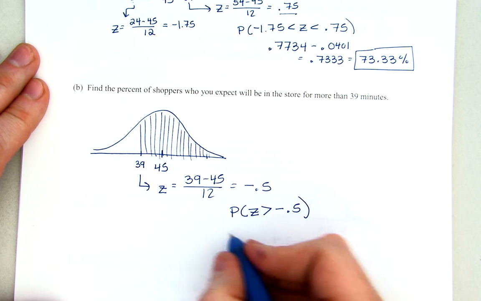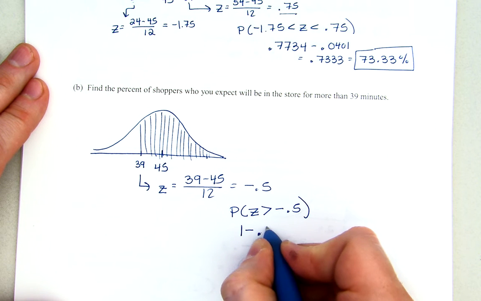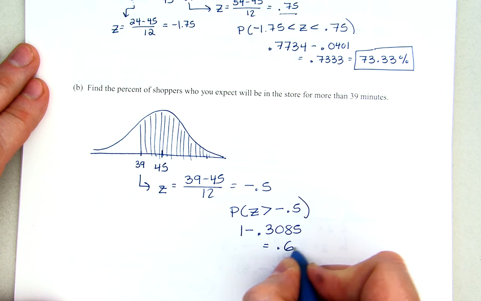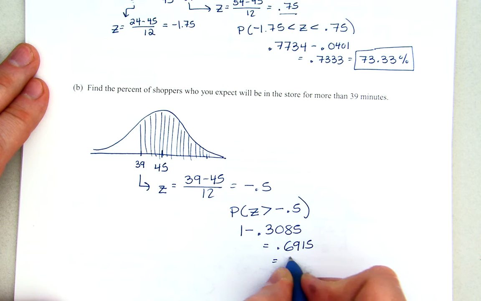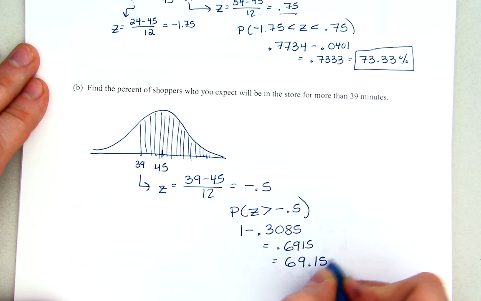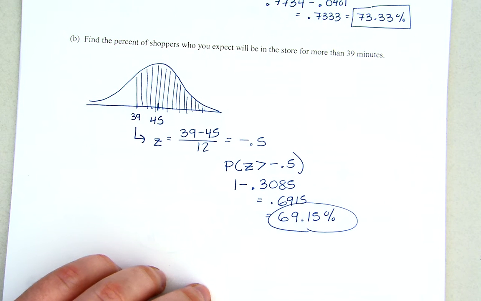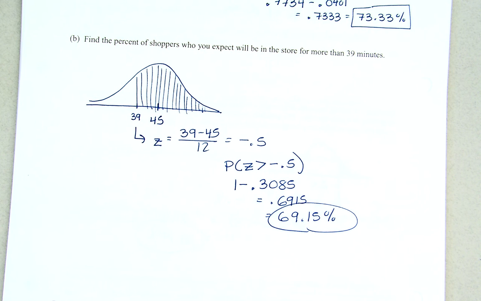Go to your table, and I know I need to do 1 minus what's in the table, so 1 minus 0.3085, 0.6915, which looks like 69.15%. I can predict that about 69.15% of all people will be in the grocery store for more than 39 minutes. And that's it.